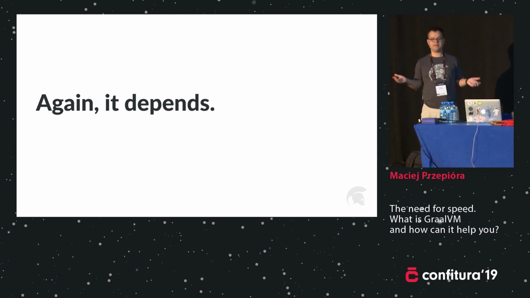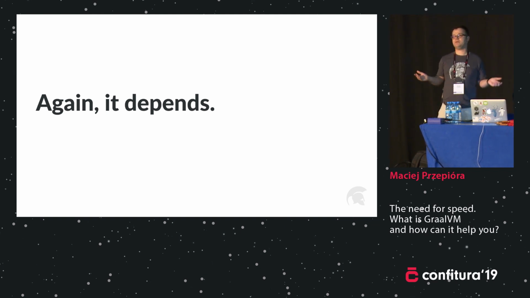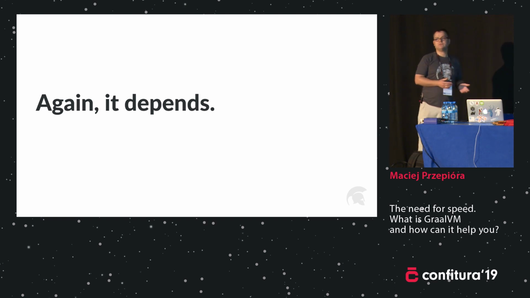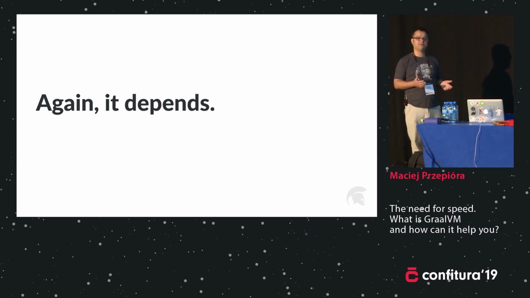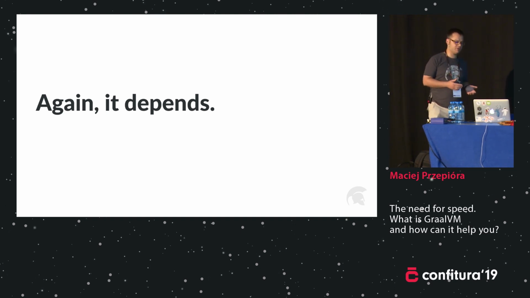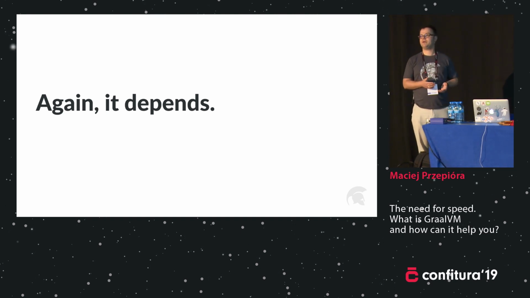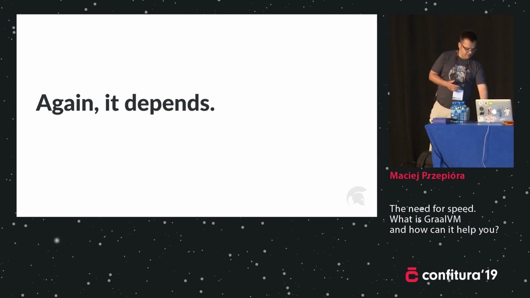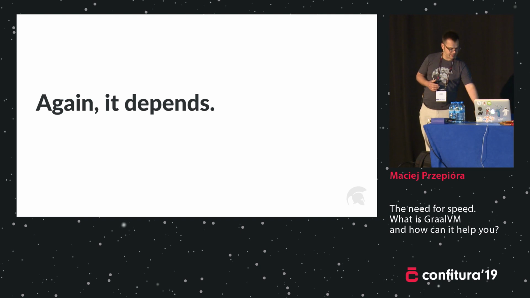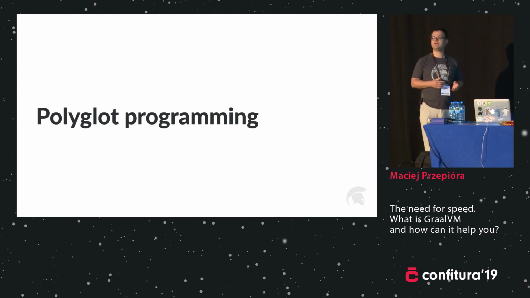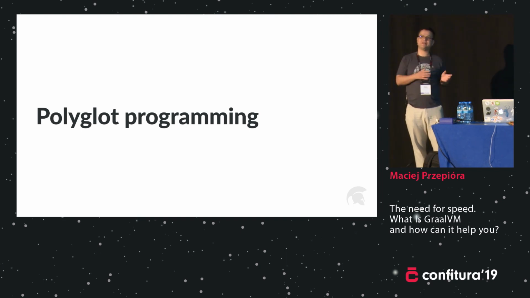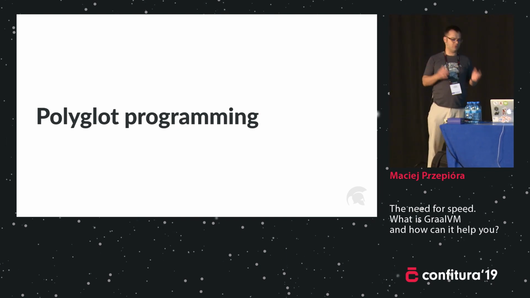There's Python, right? You can use Python and R for data science. So my point here is that it all depends on the problem that you want to solve. And the wise approach is to use the right tool for the job, right? And if you have a complicated big system, you can come up with an idea of polyglot programming, where you divide the problem into smaller pieces and use different languages for different solutions, right?